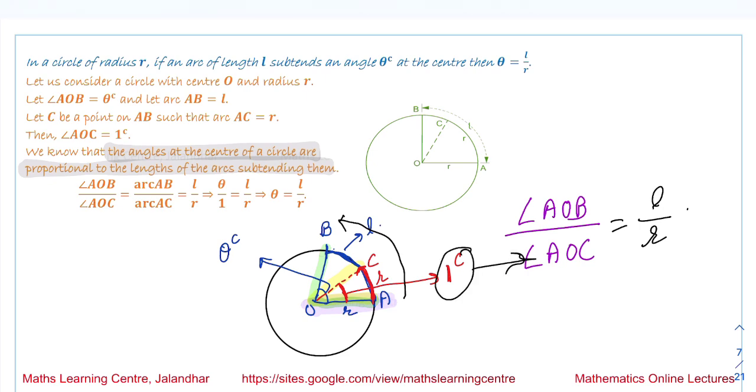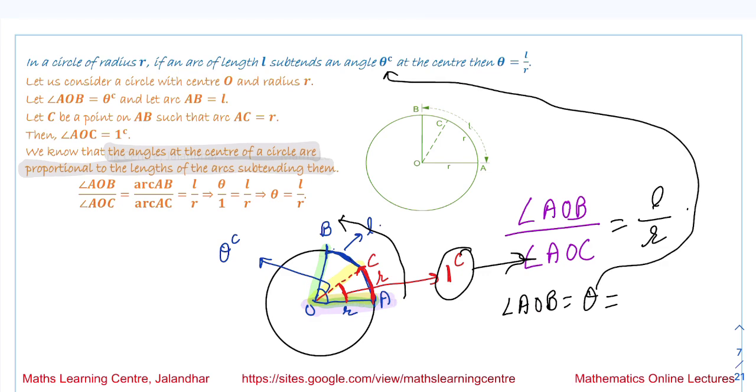It is 1 radian. So we get that angle AOB is equal to theta. This is given to us, that this angle is equal to theta radians, and this is equal to L over R. This is the value of theta we obtain. It is L over R.